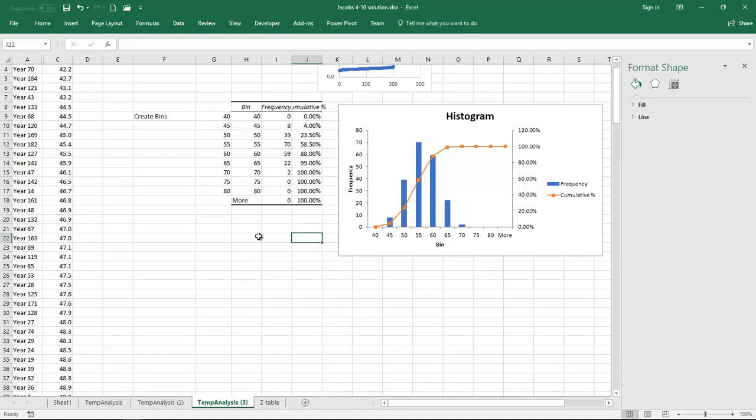Again, that's the big shift, because now we can say that for the range of 40 to just under 45, we had 8 days. It doesn't occur very frequently compared to the next bin where we had 39, and the next bin had even more, with 70, and the next bin had a few fewer, which was 59, and it starts dropping off again.